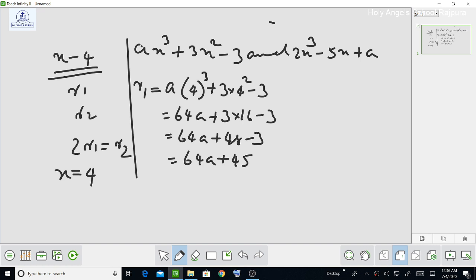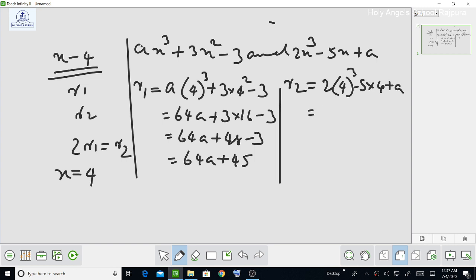R1 value we got in terms of a, 64a plus 45. Now let us see R2, that is the remainder when 2x cube minus 5x plus a is divided by x minus 4. So the x value is same. R2 is equal to 2 into 4 cube minus 5 into 4 plus a.